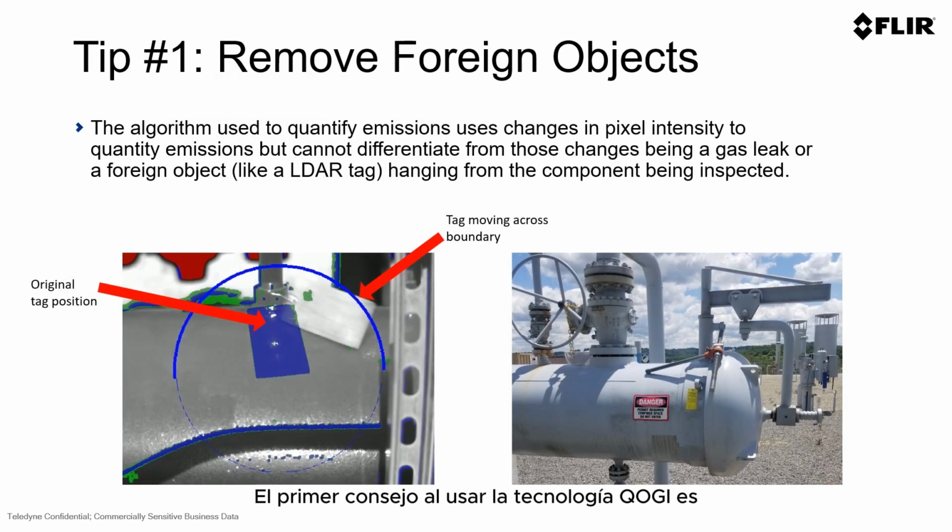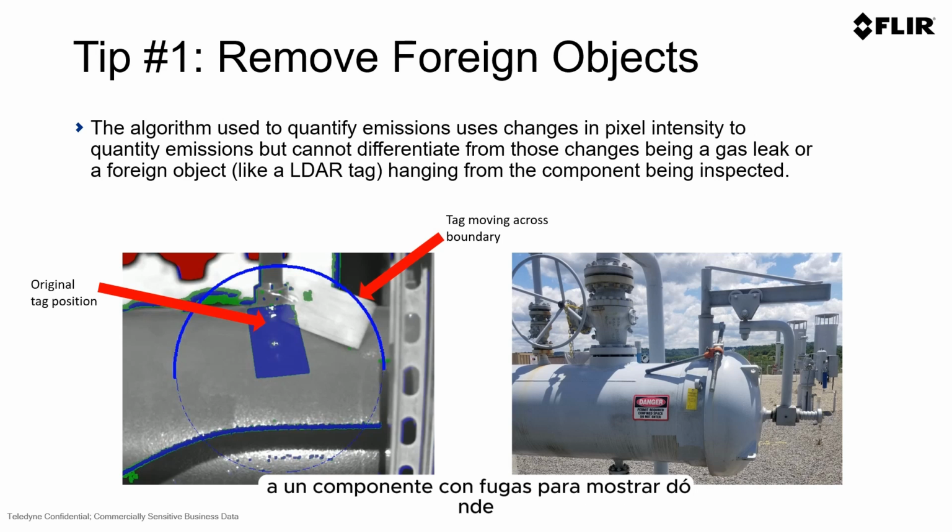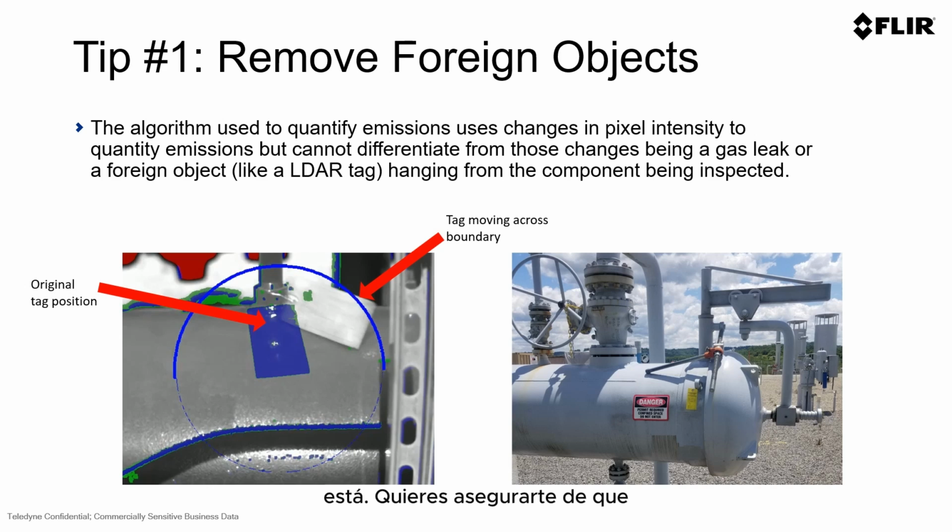The first tip in using QOGI technology is to remove foreign objects. You want to make sure that if there's something in your image that's moving around, like an LDAR tag or maybe a ribbon tied onto a leaking component to show where it is, those items are removed from the video.